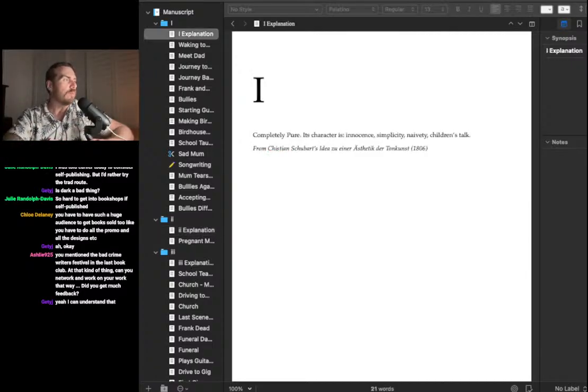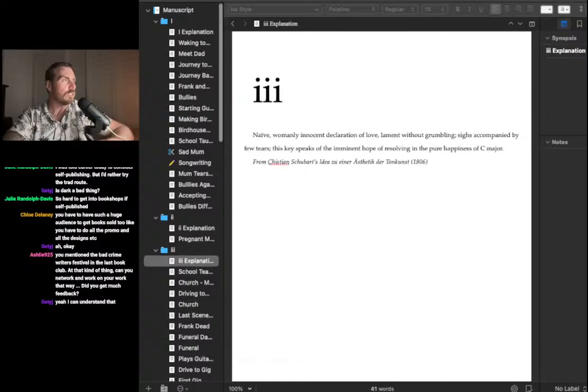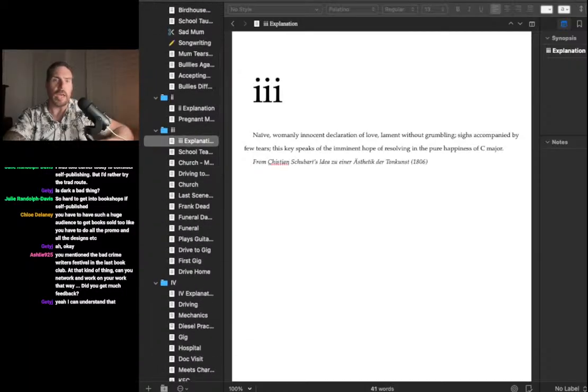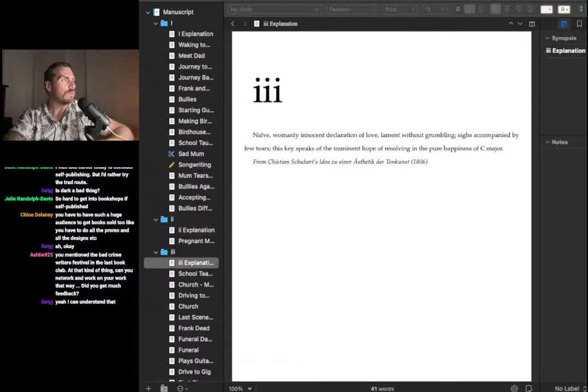And, you know, I'm a musician. I've got a degree in music. I teach music in high school. Music's a thing that really saved me. And so writing a book about a musician, I thought, would be a really good way of being authentic and doing something meaningful. And I've taken this from an 1806 book about what the different chords mean.